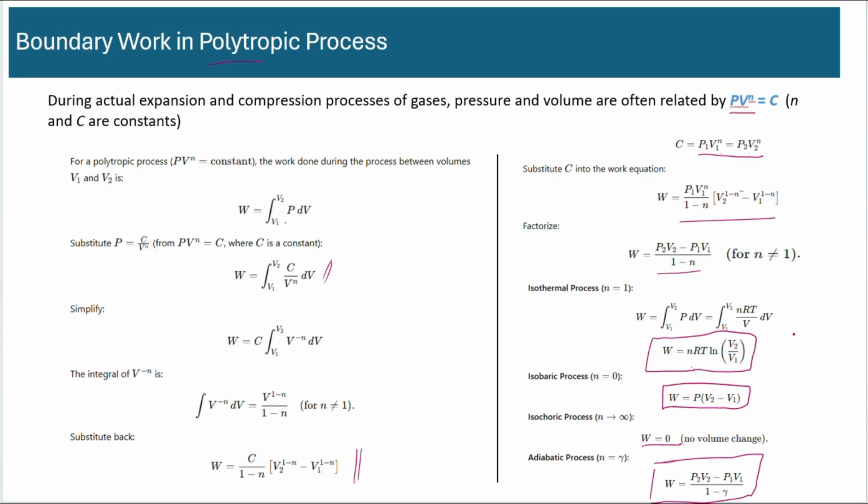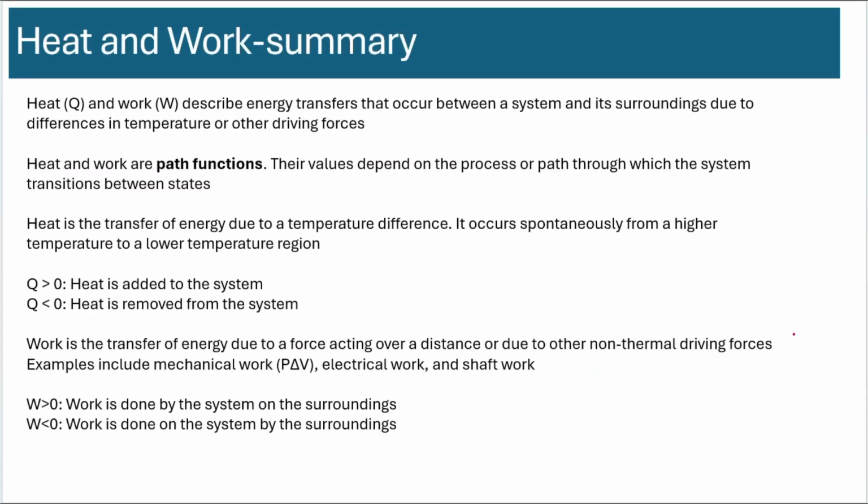All right. Now let's summarize what we learned so far in terms of heat and work. Heat and work are not exactly the energy of the system. They are basically describing the energy transfer in and out of the system. They are both path functions, in the sense that they are related to the path that the system took to reach its current state.